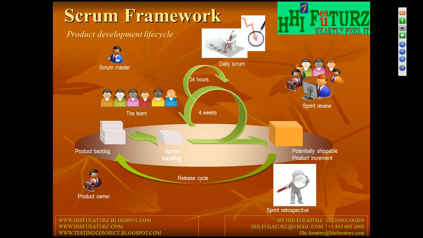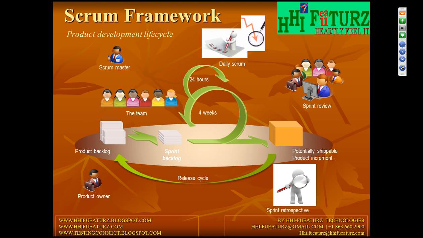Along with this, you will come across different meetings in your agile methodology. One meeting we discussed was the daily scrum meeting. Along with that, at the end of the sprint, the sprint review meeting will happen, covering the activities you performed.